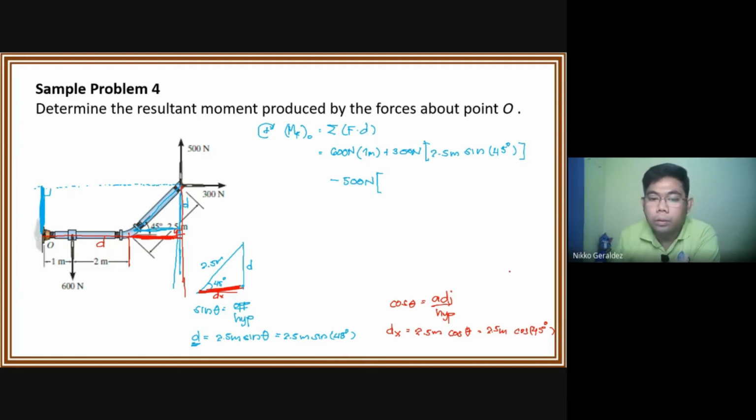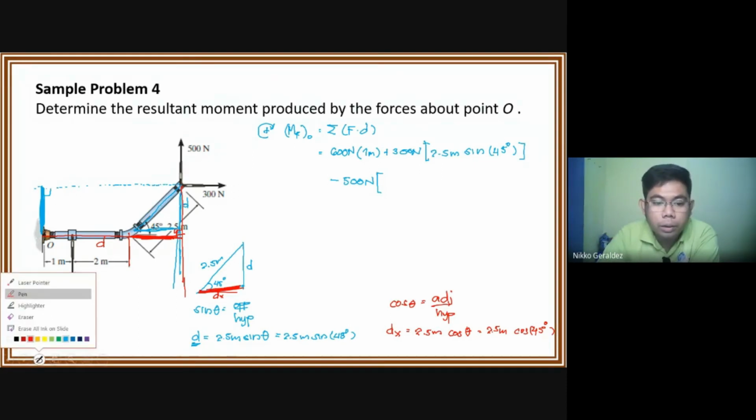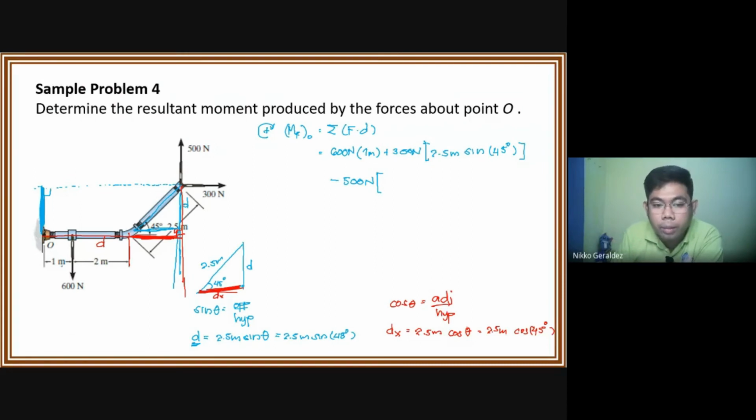So, ang perpendicular distance ng 500 Newton is 3 meters, 1 plus 2, plus yung horizontal length nito, yung dx. So that is 2.5 meter times cosine 45 degrees. Yun na po yung moment ng 500.